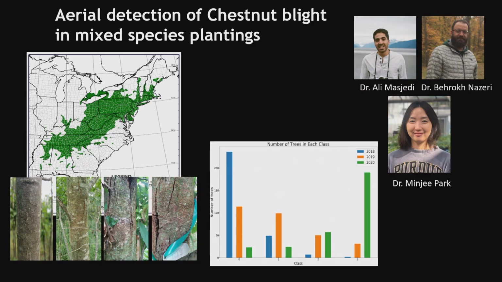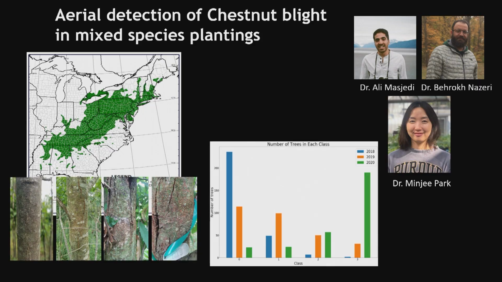So I'm going to show you two different relevancy scenarios, or use case scenarios, for this. The first one is aerial detection of chestnut blight. We had a mixed species planting at one of the land properties here at Purdue. It was black cherry, red oak, and chestnut.